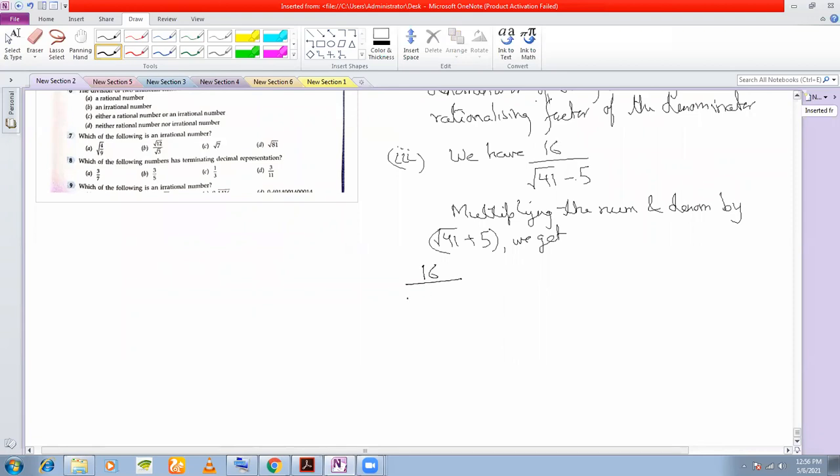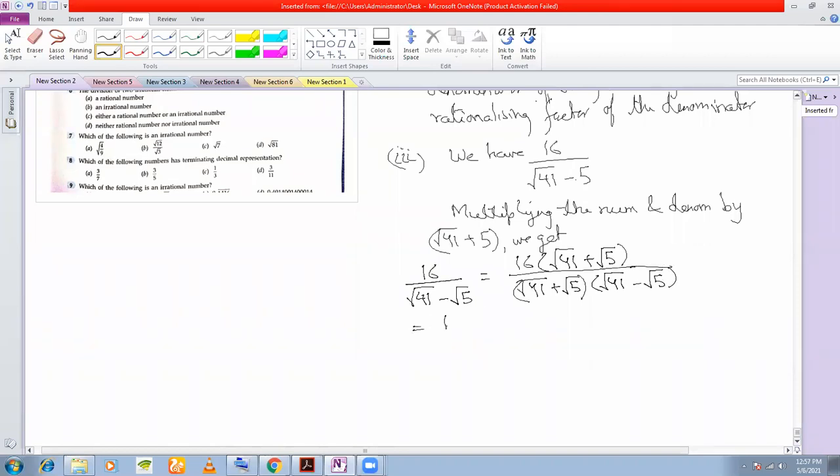16 by root 41 minus 5 is equal to 16 into root 41 plus root 5, divided by root 41 plus root 5 into root 41 minus root 5. Right?